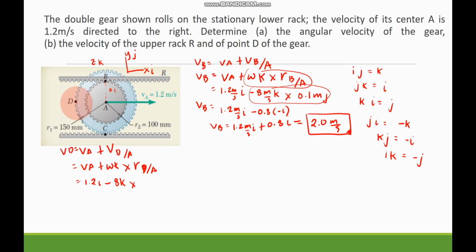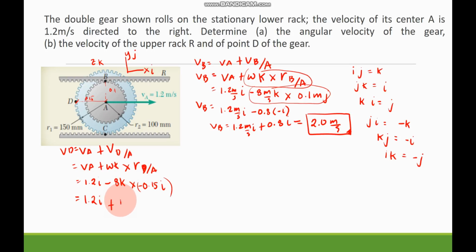position vector of D with respect to A. So this one. So it is 0.15 and, since this is our origin, it is going to the left, so it is negative I. Negative I. So 0.15 and then negative I. So let us position the negative sign here, and then I. So it is equal to 1.2I, and then negative 8 multiplied by negative 0.15 is equal to positive 1.2.